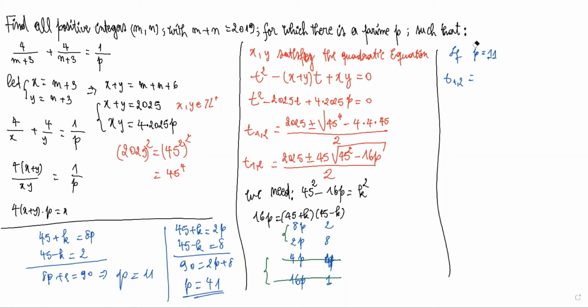I get two values. The first value, if I consider the plus sign, would be 1,980. And the second value would be 45.